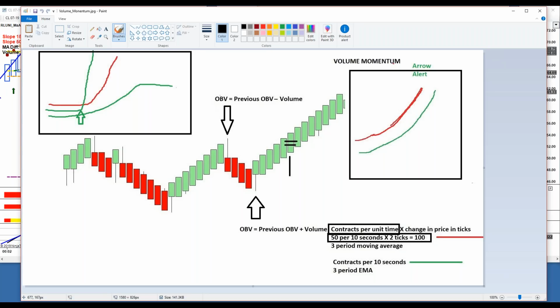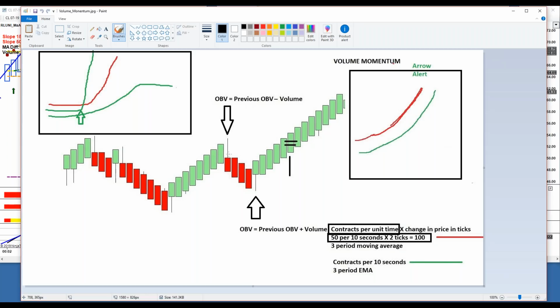All it does is look at the previous candle's OBV, and if you're in a down move, it subtracts the total volume of contracts or lots or shares that have crossed in that candle time from the previous OBV.